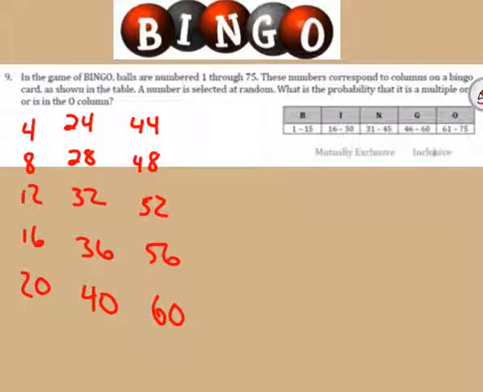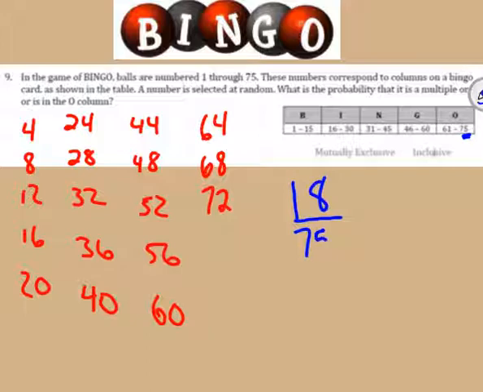Now I got to keep going. So 64, 68, 72, and I'm done. Notice we stop at 75. So the first thing I would look at is there's 5, 10, 15, 18 multiples of 4 out of 75.